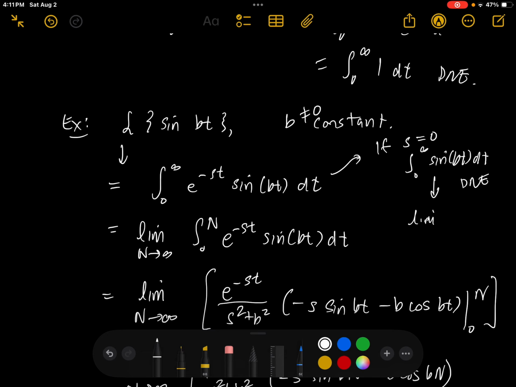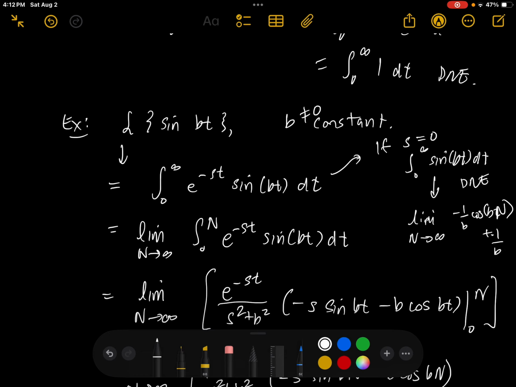If s is 0, then you're going to get the limit as n goes to infinity of negative 1 over b cosine bn, plus negative 1 over b plus negative 1 over b.